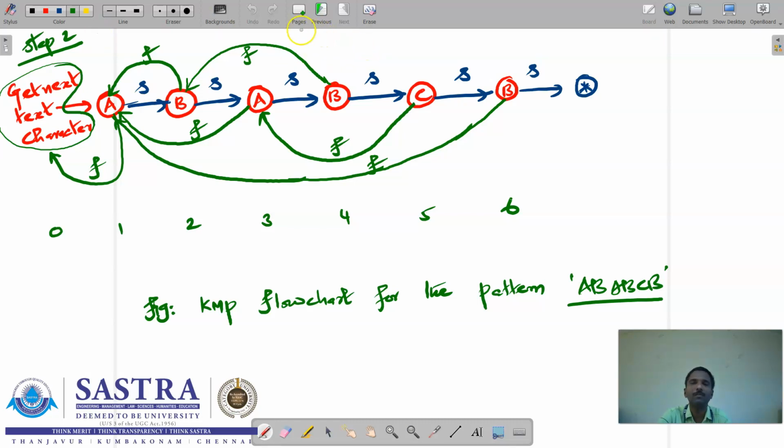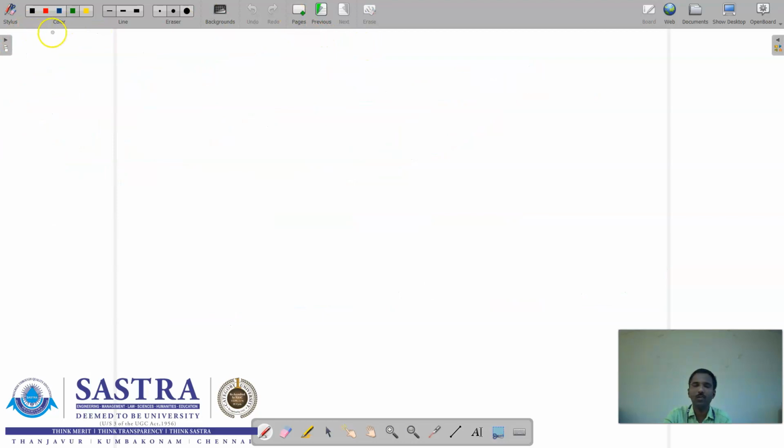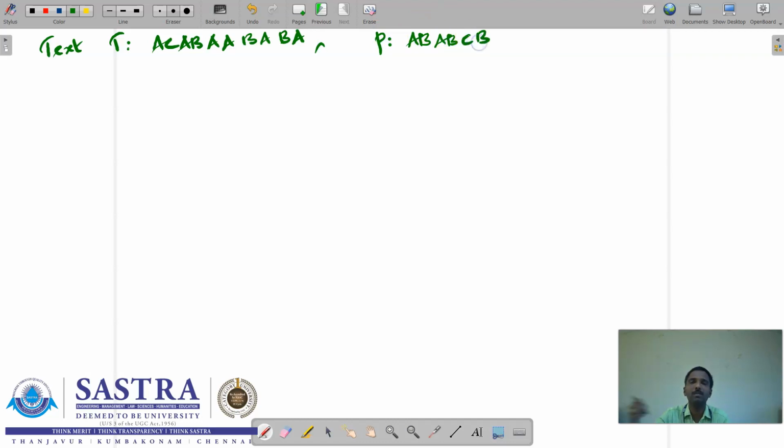Now let's take the text value. The text value is a T array. Let's define T as AC, AB, AA, BA, BA, and having the pattern P as AB, AB, CB.